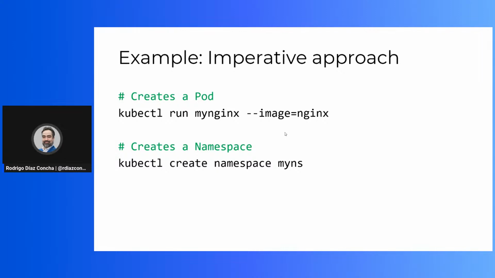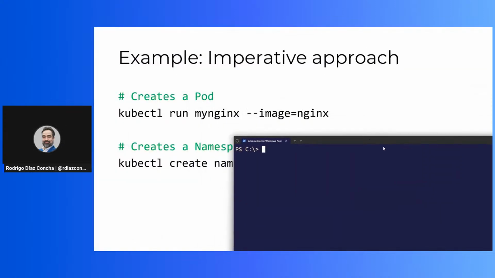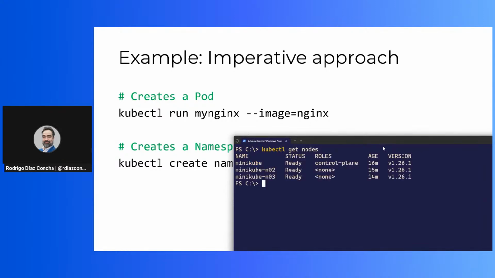So here's a couple of examples of the imperative approach. As you can see, the first one is running a pod and the other one is creating a namespace. So this is great. I have my cluster here, right? kubectl get nodes. I have those nodes. So let's run kubectl run my nginx. This is the name of the pod, okay?